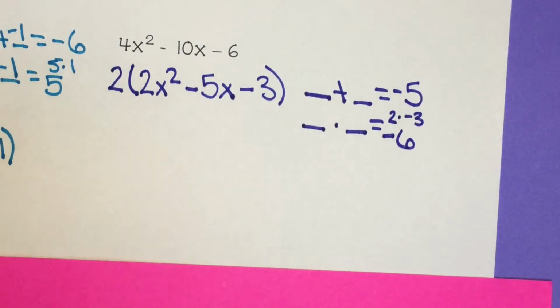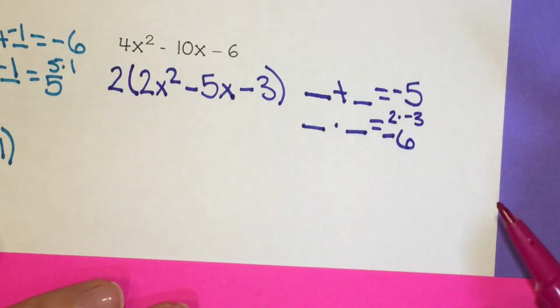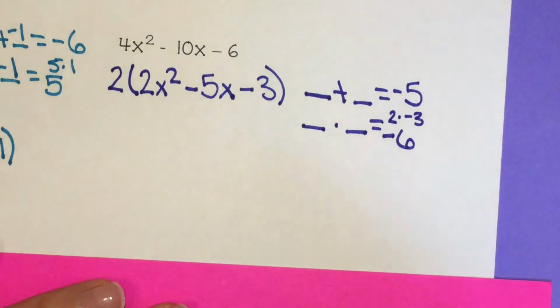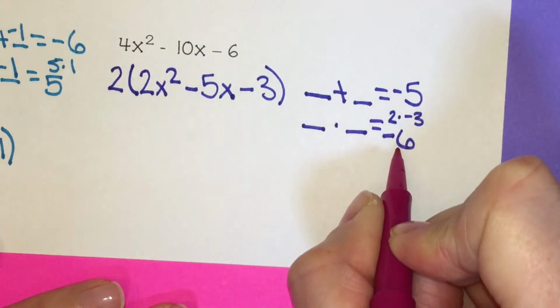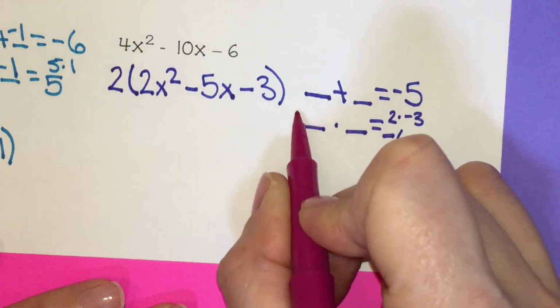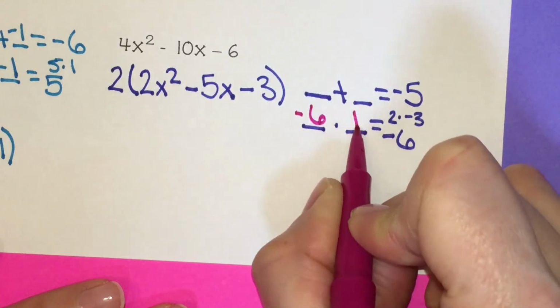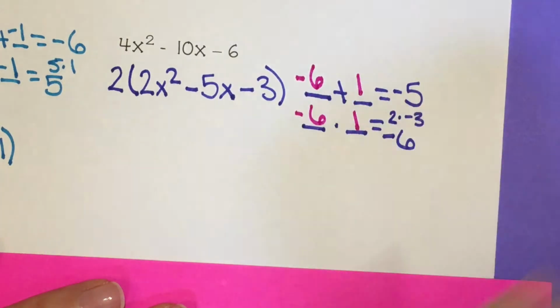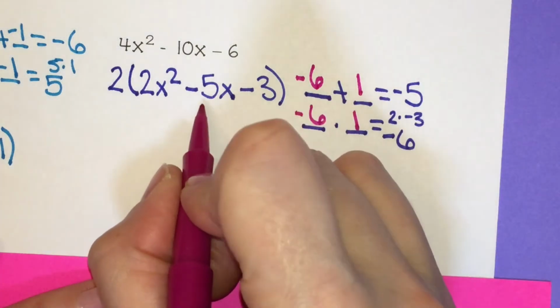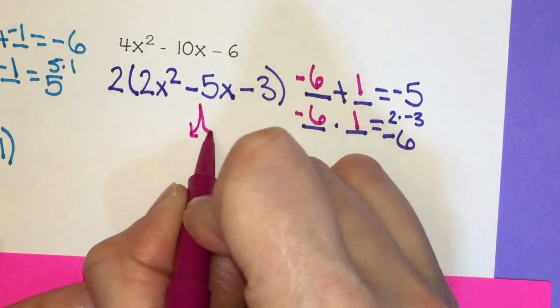I'm going to need a negative and a positive to multiply together to equal a negative. So I'm going to say negative 6 times positive 1 is negative 6. Negative 6 plus 1 is negative 5. So that's what my middle term breaks down to.